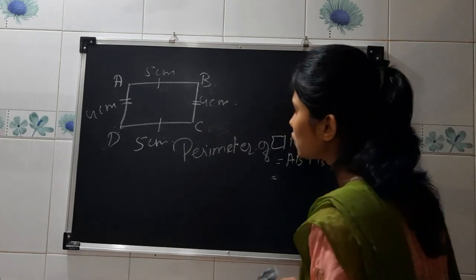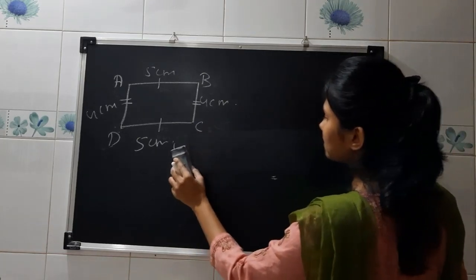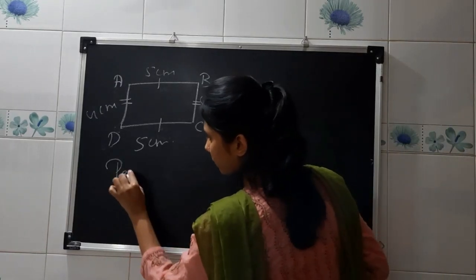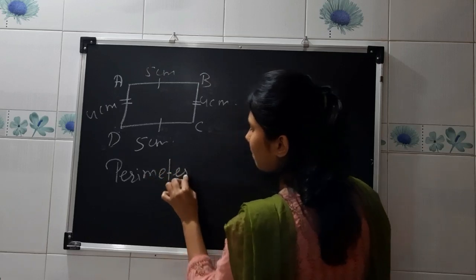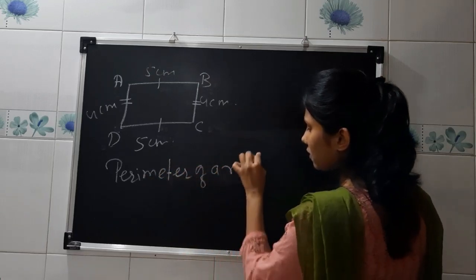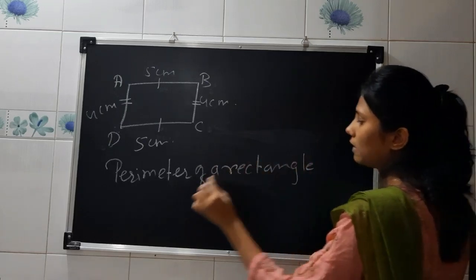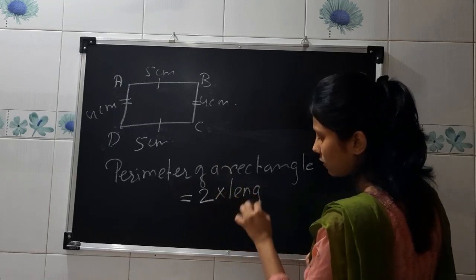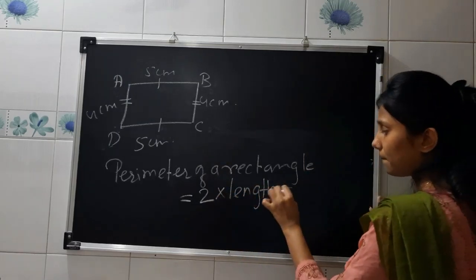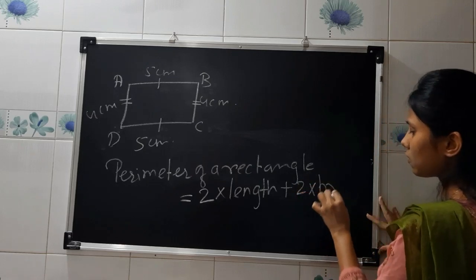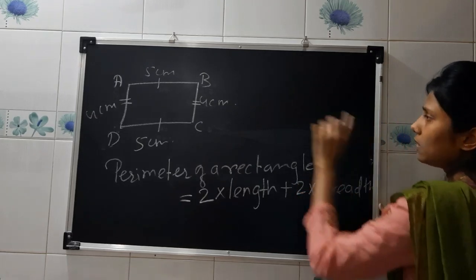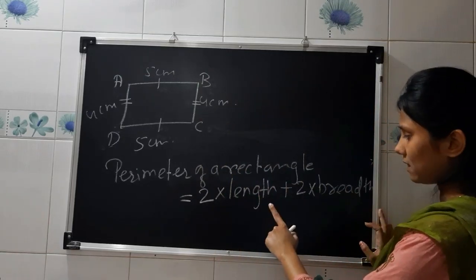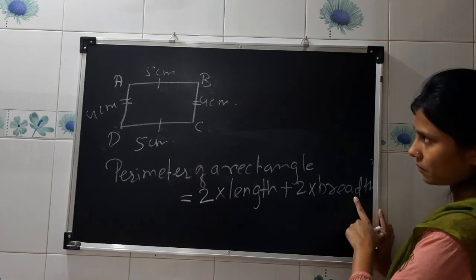So, there is one formula for finding the perimeter of a rectangle. Perimeter of a rectangle is equal to 2 into length plus 2 into breadth. This is your length, this is your breadth. So 2 times length, 2 times breadth.